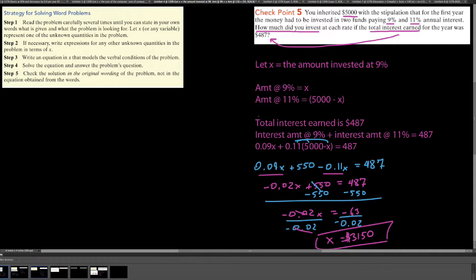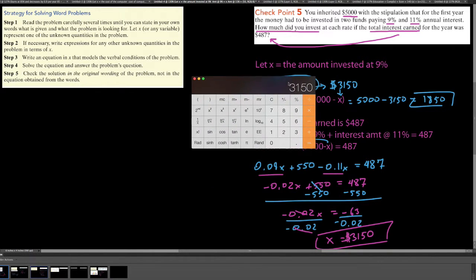So now what we've just found is the amount that we invested at 9%. If we want to find the amount that we invested at 11%, all we need to do is substitute that amount x into this expression, where we know x is equal to 3150. So 5,000 minus 3150 comes out to be 1850. We can certainly check this in the initial conditions of the problem.